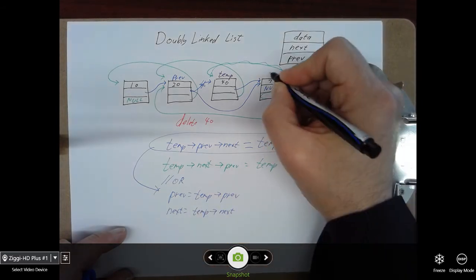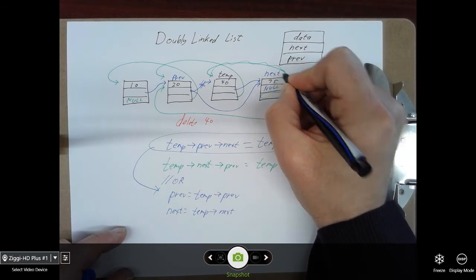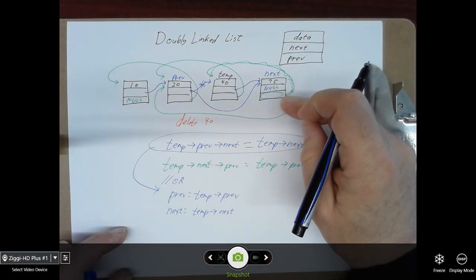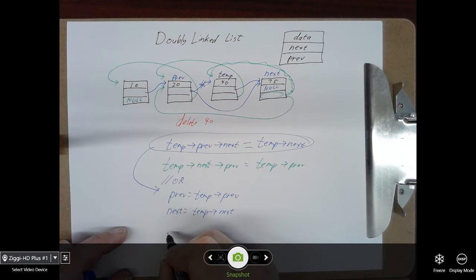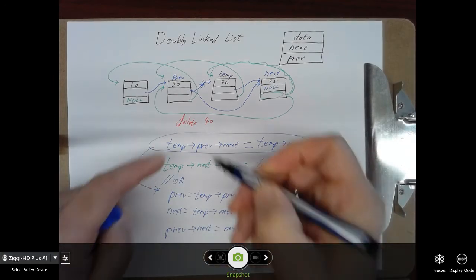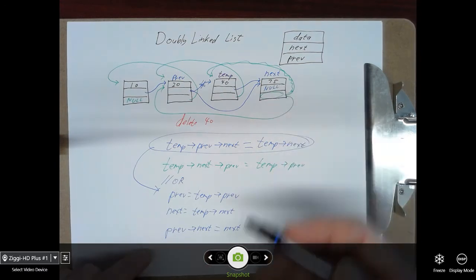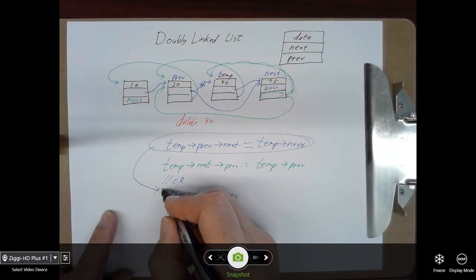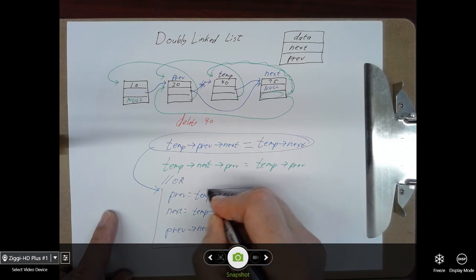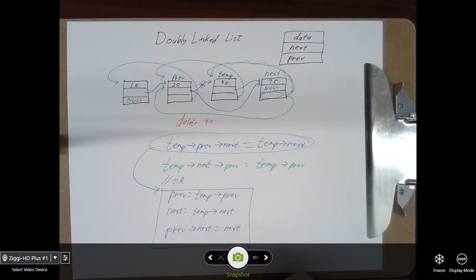And now I'm making another struct node pointer named next that points to this block. And now I just do my PA1 or PA2 and I say previous arrow next equals next. So I take this block, I set its next field to point to this block.